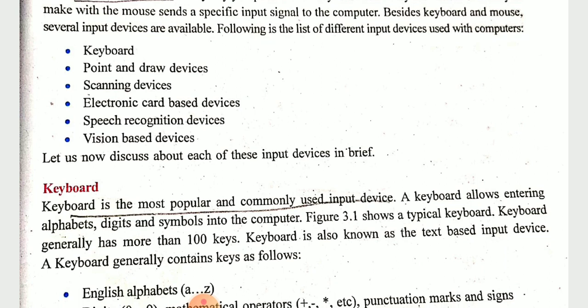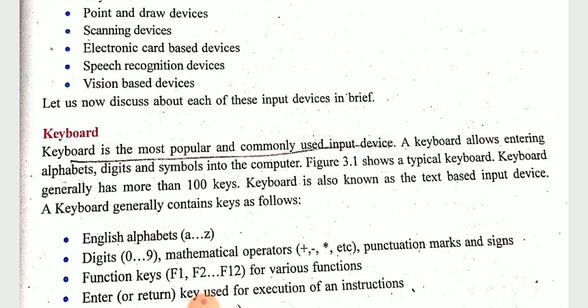I hope you can all see the keyboard. Keyboard is the most popular and commonly used input device. A keyboard allows us to enter data into the computer, and with the use of keyboard we can enter alphabets, digits and symbols into the computer.